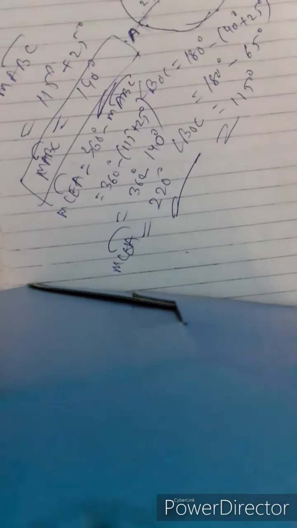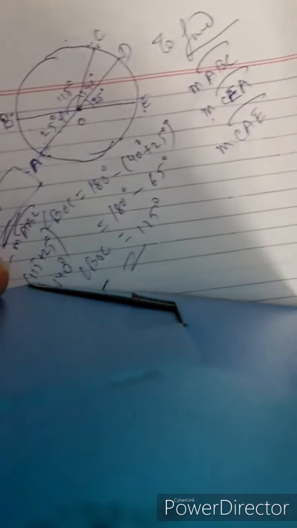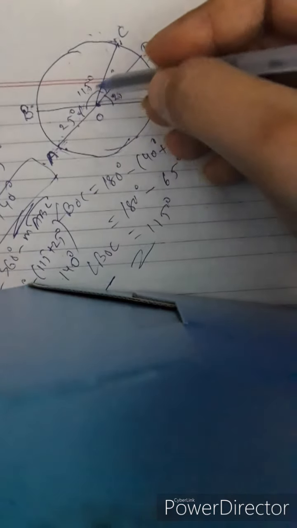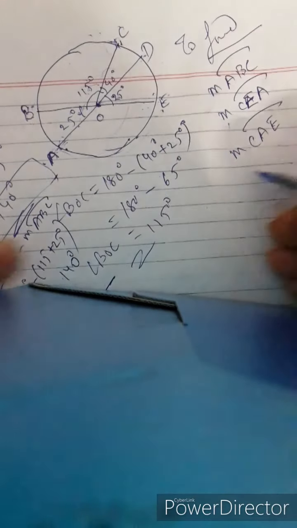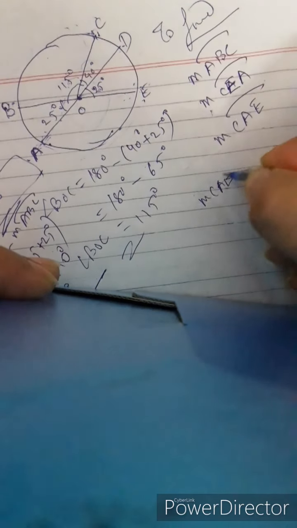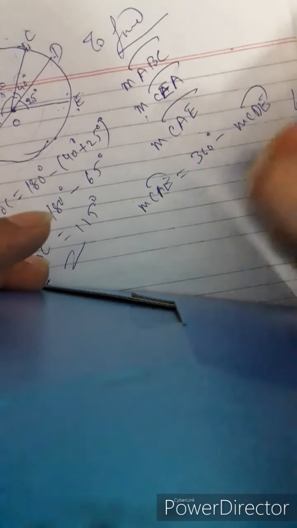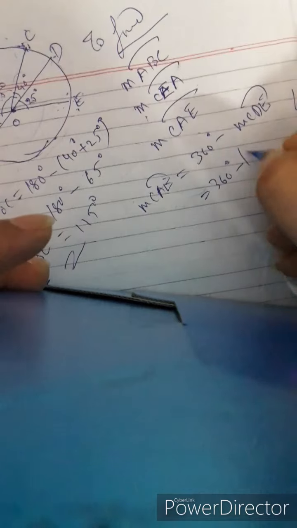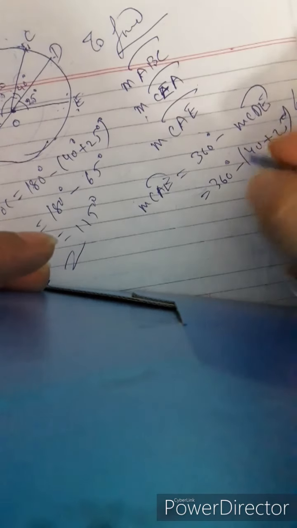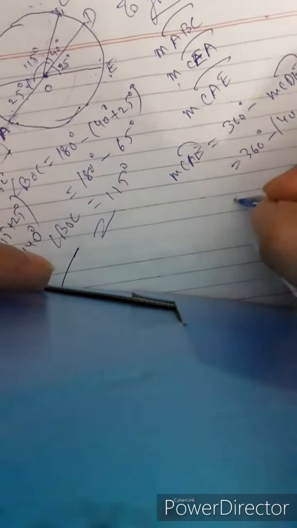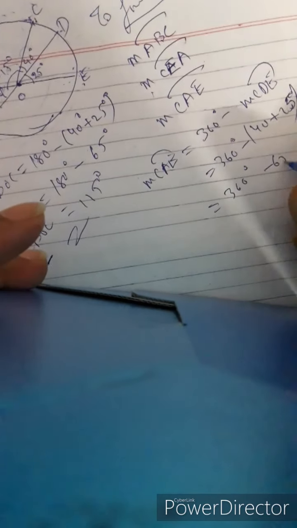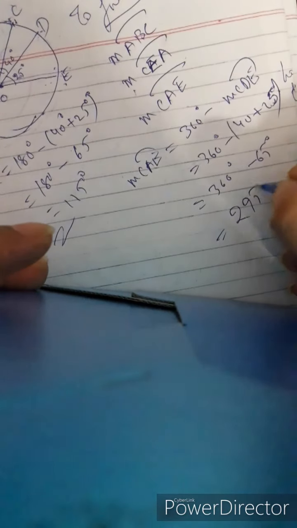CEA is 220 degrees, and we have to find CAE. CAE, this one whole, becomes 360 degrees minus the measure of CDE, that is 360 degrees minus (40 plus 25), which is 360 degrees minus 65, that is 295 degrees.